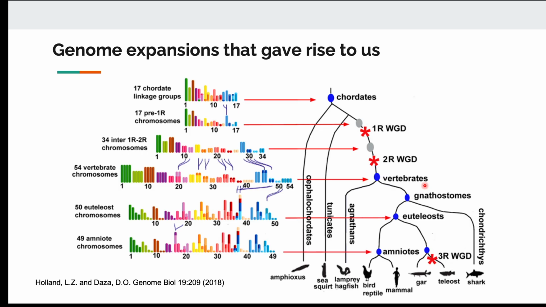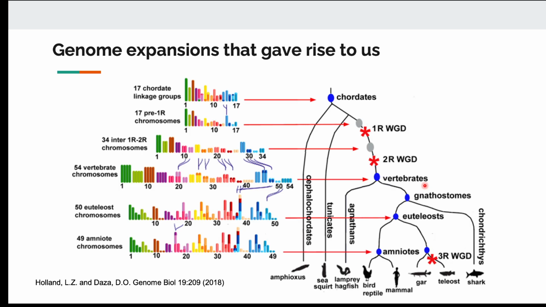So at a certain point in time, species only had, let's say, 17 chromosomes. The only way that they can become more complex species with a larger genome is that the genome has to expand somehow. And people want to understand it, so they compare our genome to the genome of other sea animals and other less complex organisms.